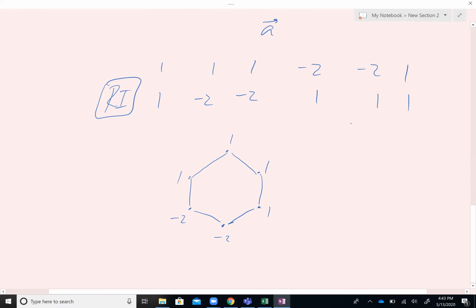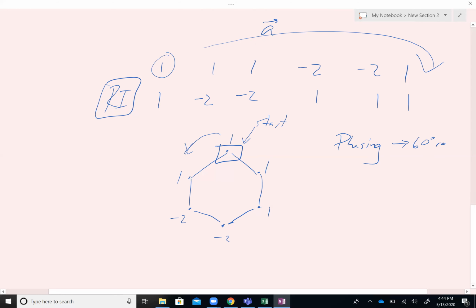So you see what phasing is doing. Phasing kicks the first number to the back, right? By the way, I have a distinguished starting point on this hexagon. So let me just put it at the top because that's where I put it. So if I kick this first number to the back, that means that this first one should go right there, right? So phasing turns into a 60-degree rotation.